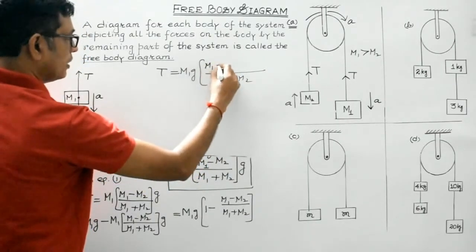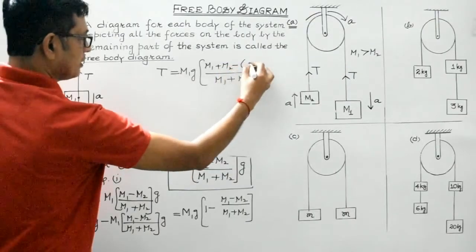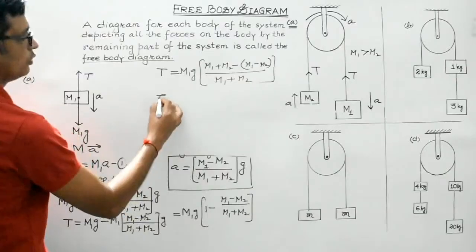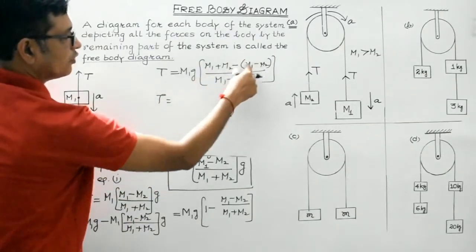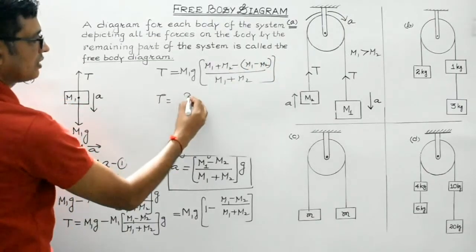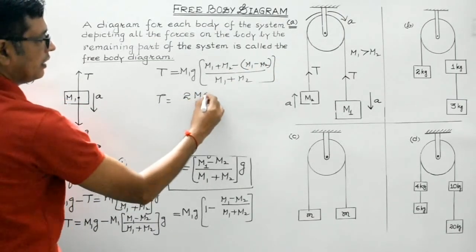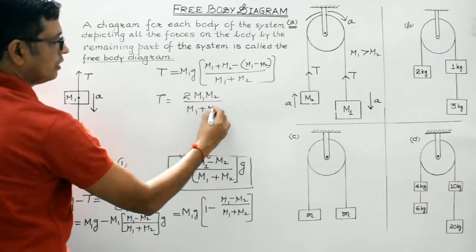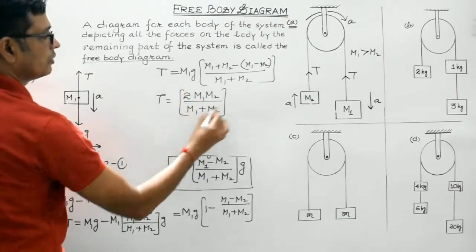Here it would be M1 plus M2 minus M1 minus M2. Isn't it? So T would be equal to, M1 minus M1 get cancelled, so M2 plus M2 would be twice M2. So what we get is twice M1 M2 divided by M1 plus M2 into g.